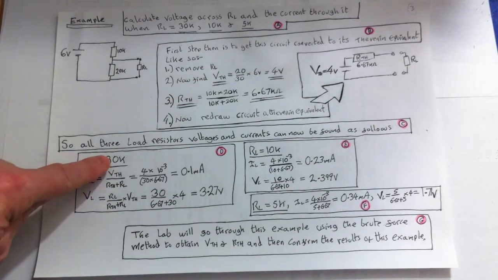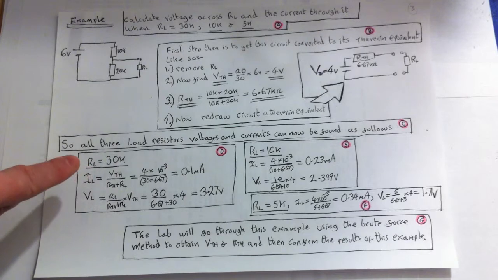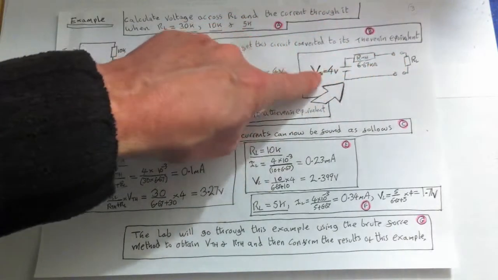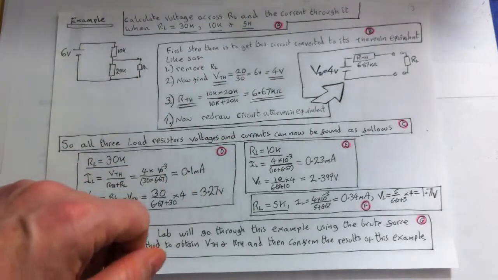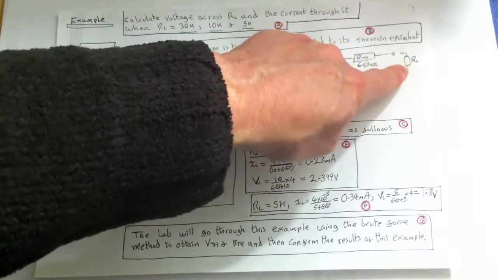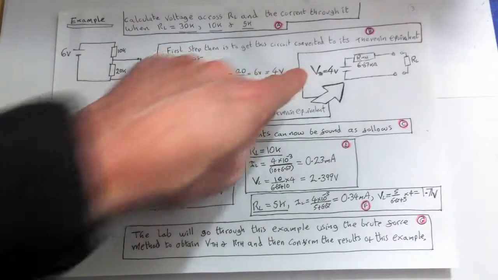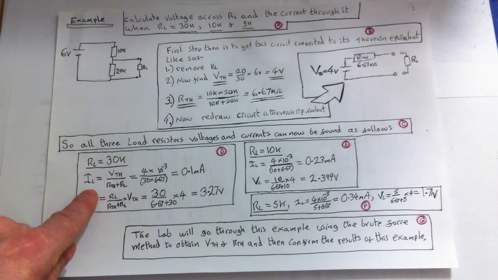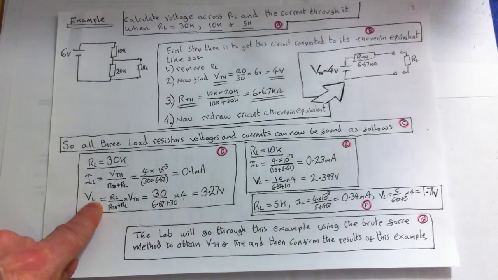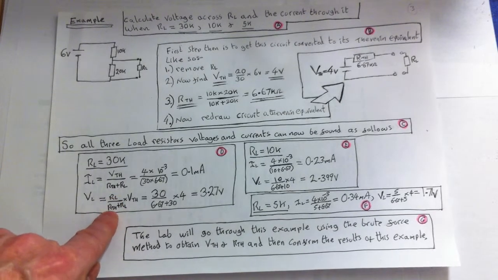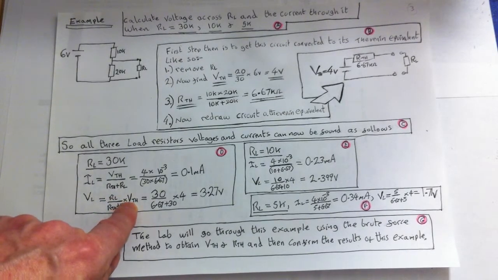So we start with the 30k. If we put RL of 30k here, again we've got a very simple voltage divider. So it's RL divided by RTH plus RL, times the voltage. So the voltage across the load will be RL over RTH plus RL, times 4 volts.